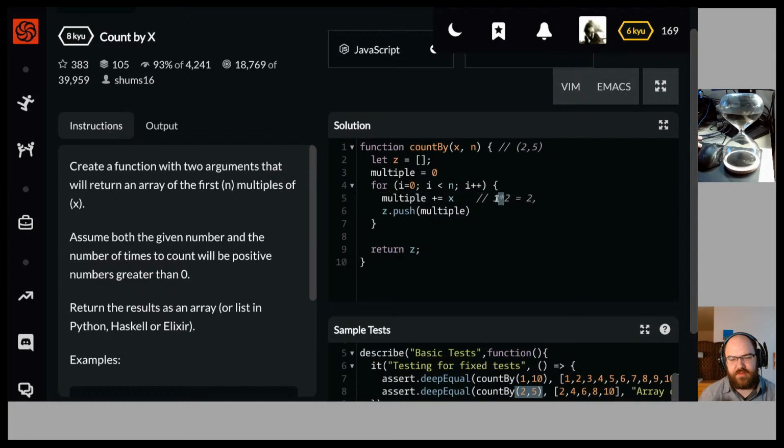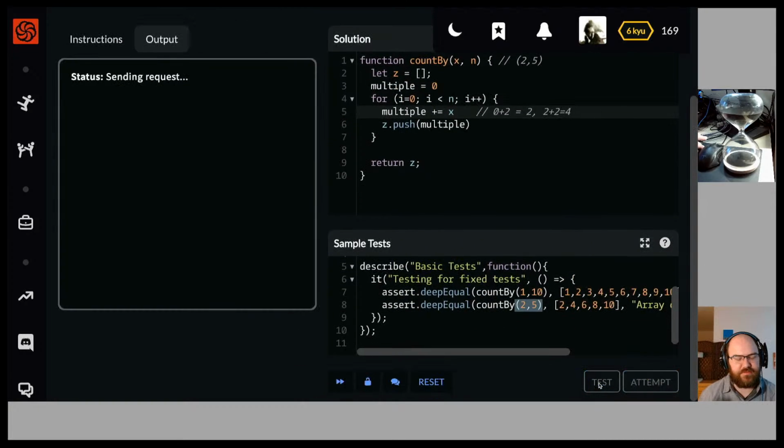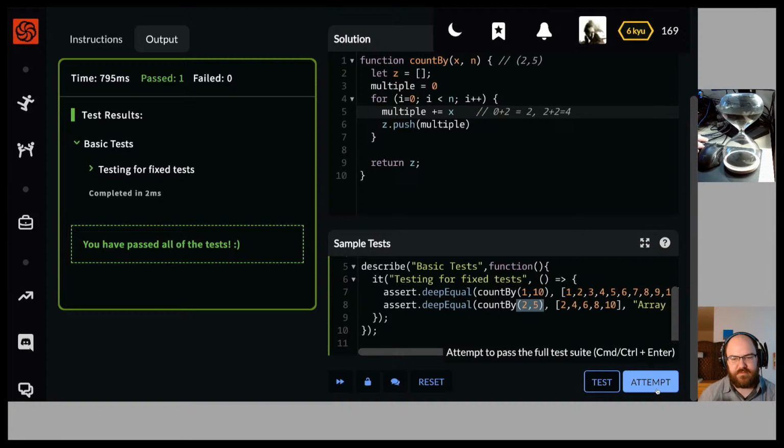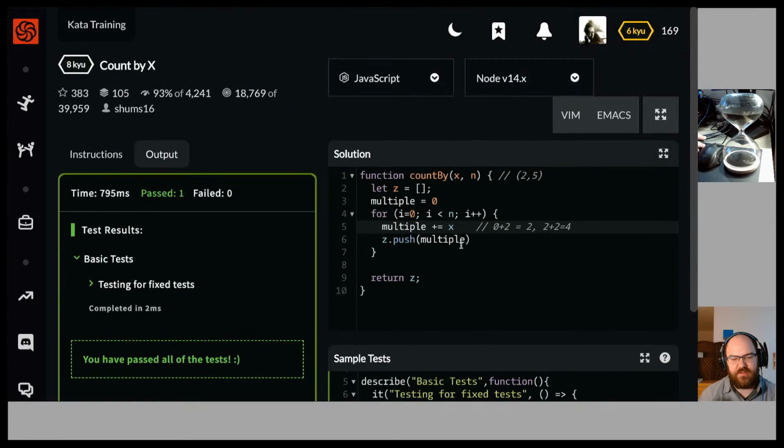So 0 plus 2 gives us 2. And the next time, 2 plus 2 equals 4. Because what is multiplication but just repeated addition? Okay, test that. Looks good.